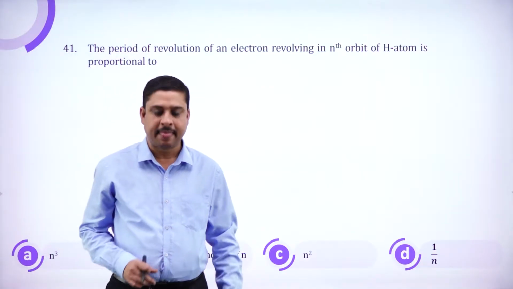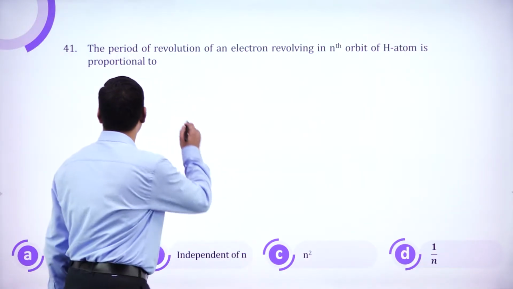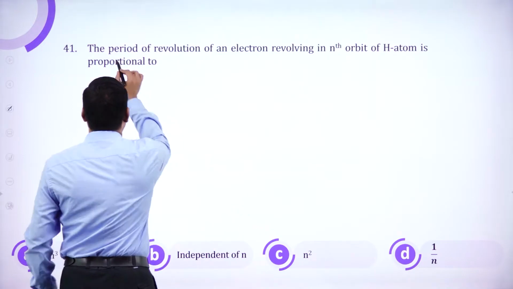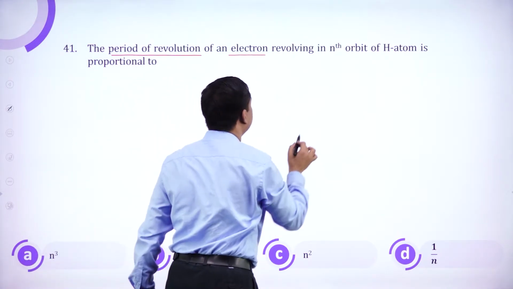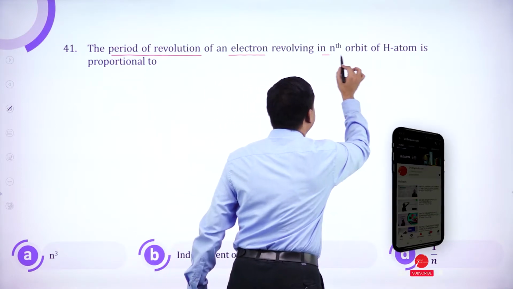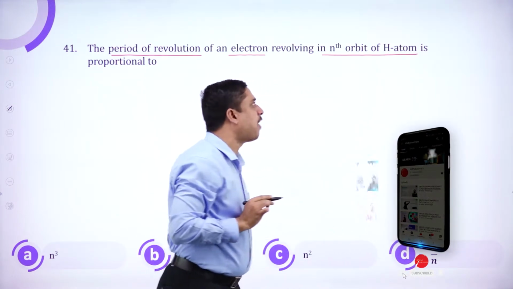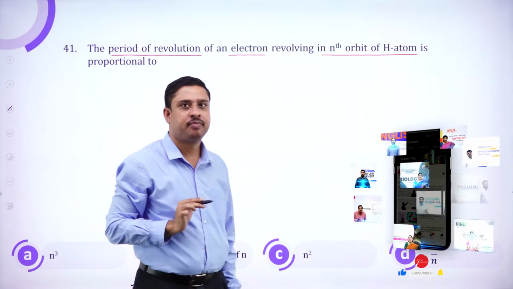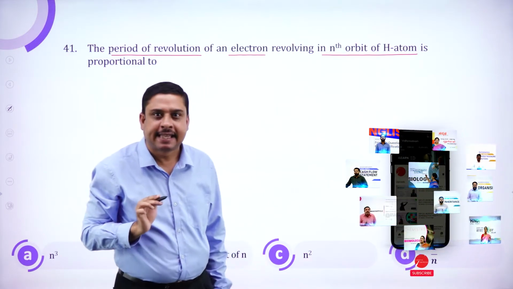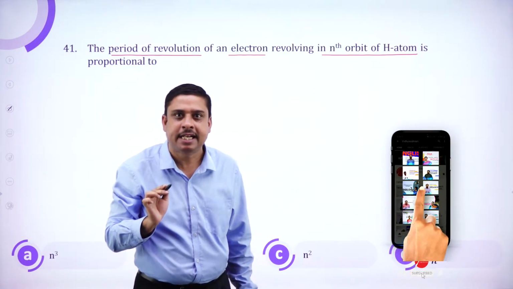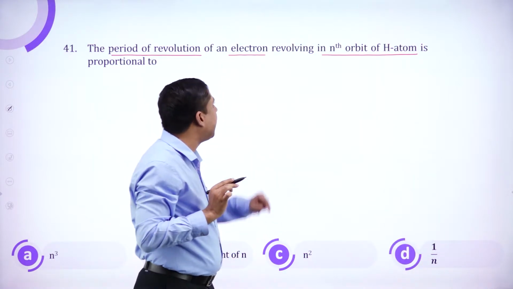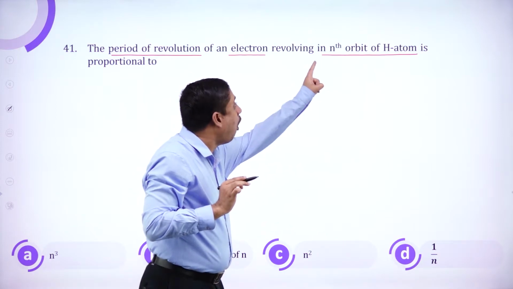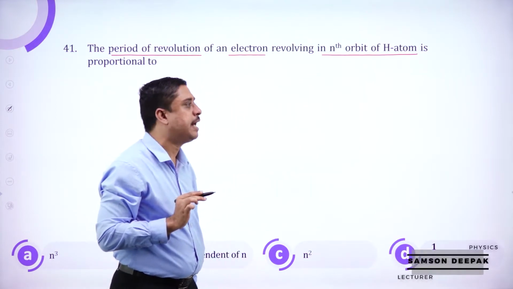Moving on to the next question. 41st. The period of revolution of an electron revolving in the nth orbit of hydrogen atom. He is asking us to relate the period of revolution of an electron to the orbit of hydrogen atom.